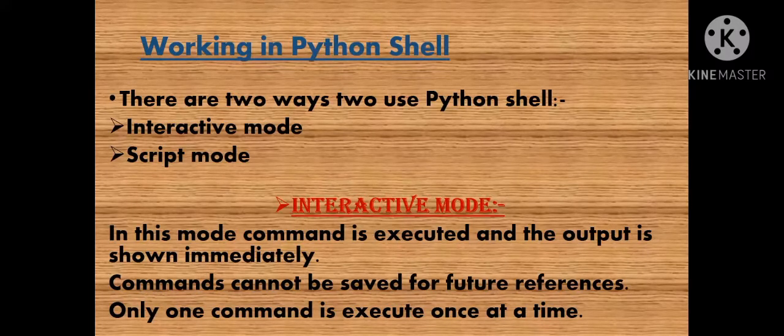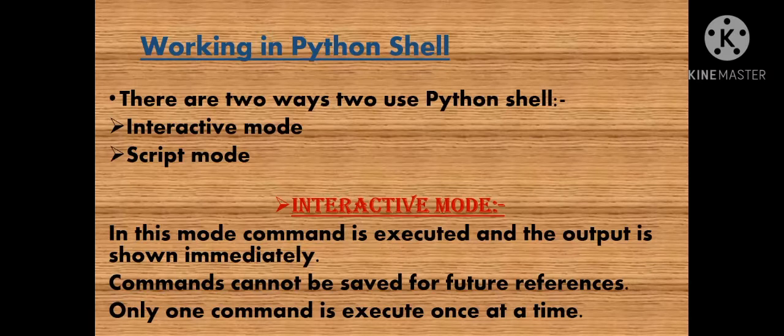There are two ways to use Python shell: interactive mode and scripting mode. Now, what is interactive mode? In this mode, the command is executed and the output is shown immediately. As soon as you write the input, you get the output.